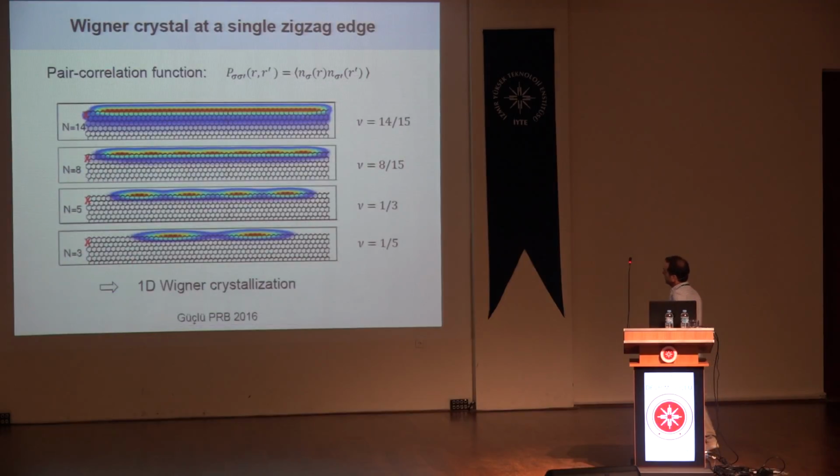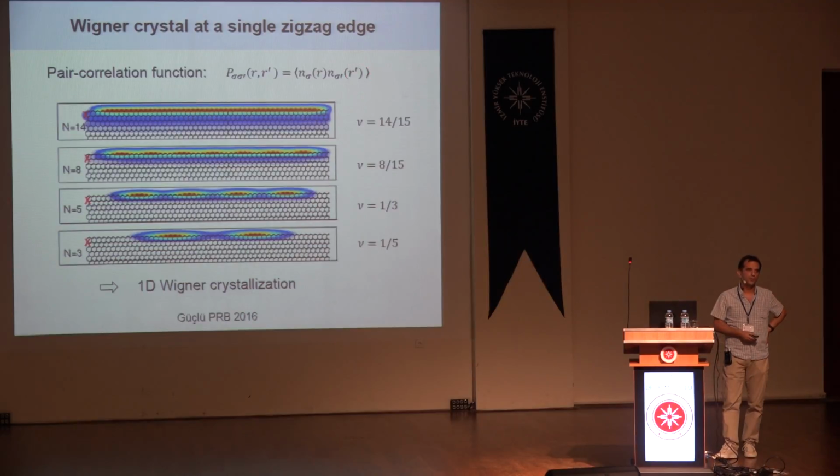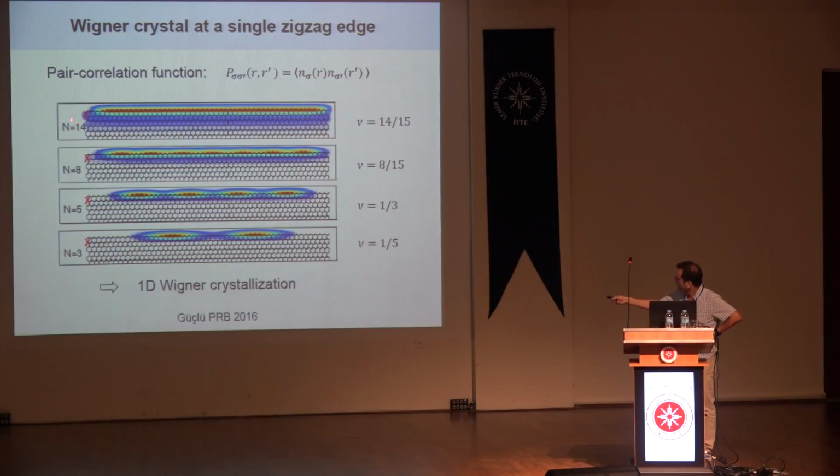To see that, we study the pair correlation function. This is the pure state, many-body correlated state expectation value. Basically, it gives you the probability to find an electron at a position R if you have an electron at a position R prime. Here, for instance, this red cross shows the position where I fixed one electron, and the remaining is the distribution of all the other electrons.